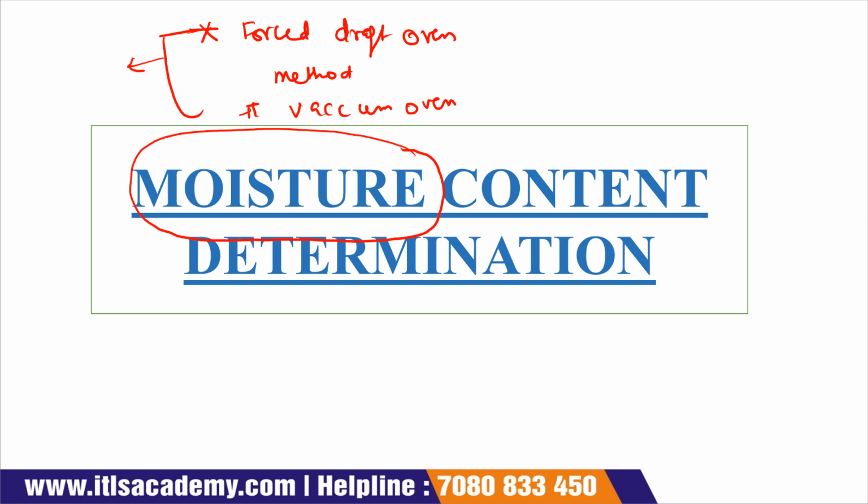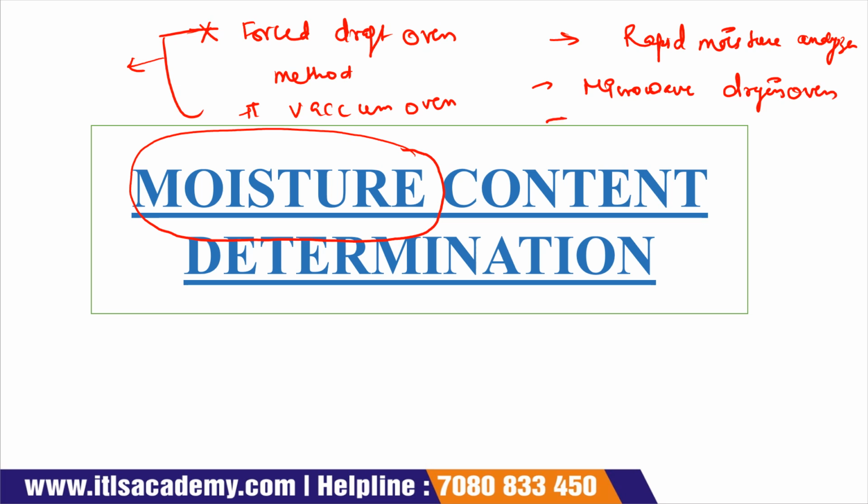Today we are going to discuss the moisture content determination with the help of the rapid moisture analyzer, the microwave drying oven, and the last one is solvent distillation.